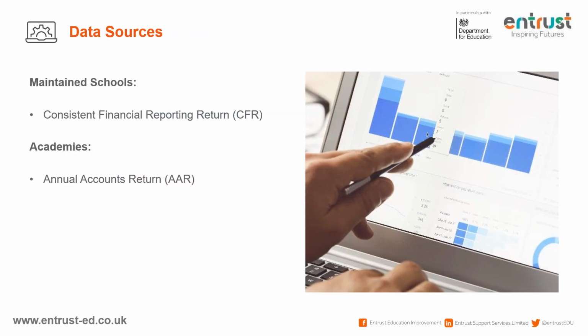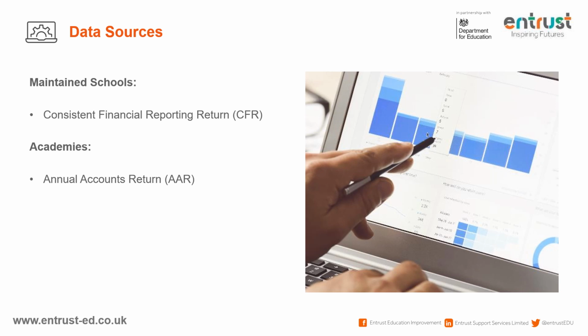Before we get into that though, it is always good to understand where the data comes from. This does depend if you are a maintained or an academy school. For maintained schools, the information released on the DFE's benchmarking website originates from the Consistent Financial Reporting (CFR) return, completed on your behalf by the local authority.